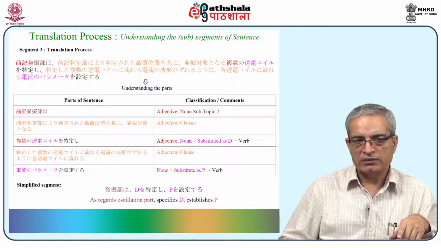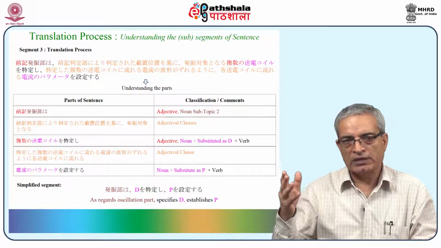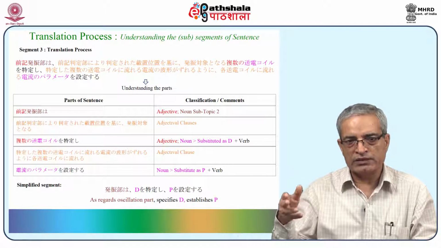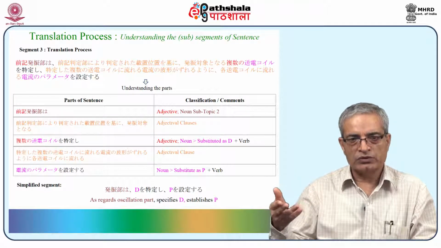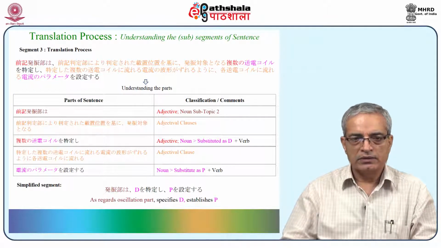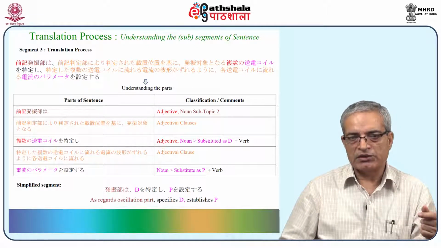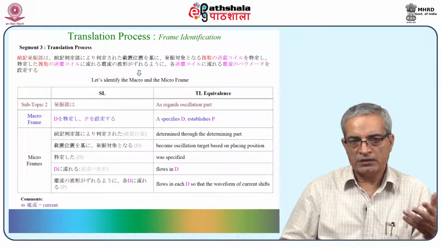So quite simple. We have at least 2.5 full lines coming to about half a line only, so getting reduced to less than 1/5 actually. And the translation is as regards oscillation part specifies D and establishes P, as it comes here.